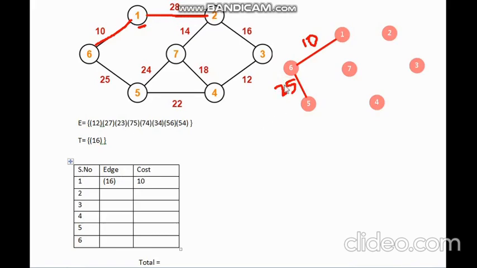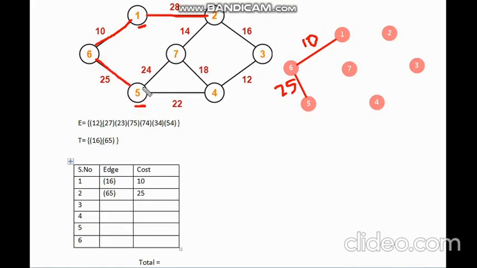Hence 6 to 5, or 5 to 6, whatever, is not forming a cycle, so I am removing it from E and adding 6 5, and I am taking the second edge as 6 5 with cost 25.